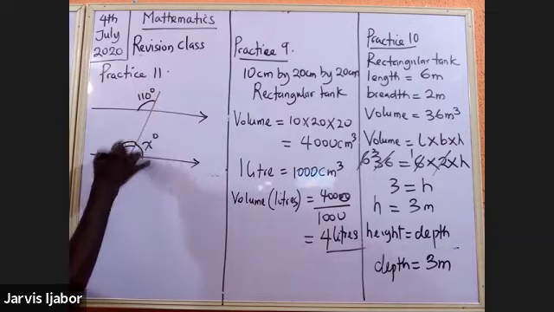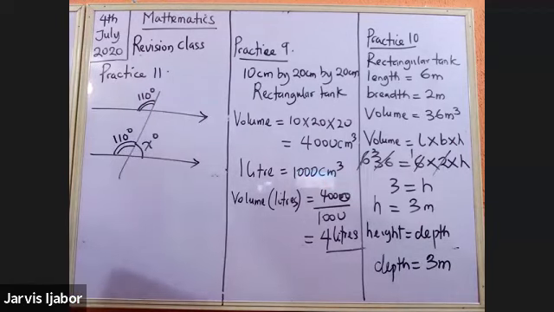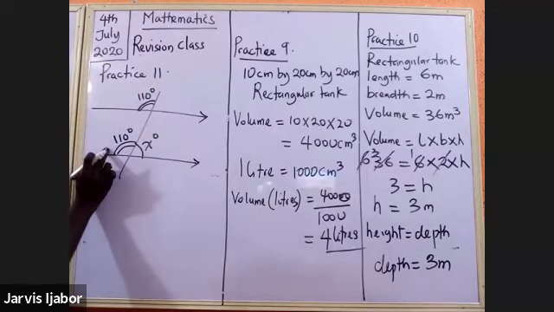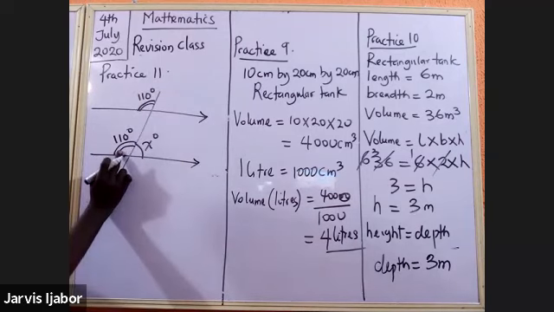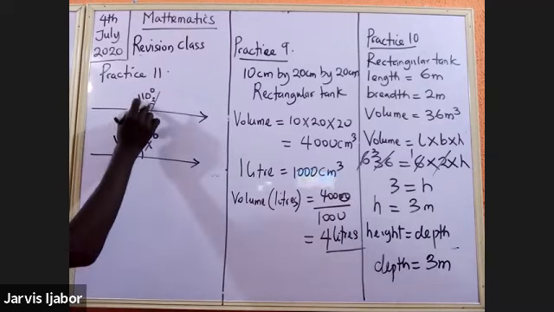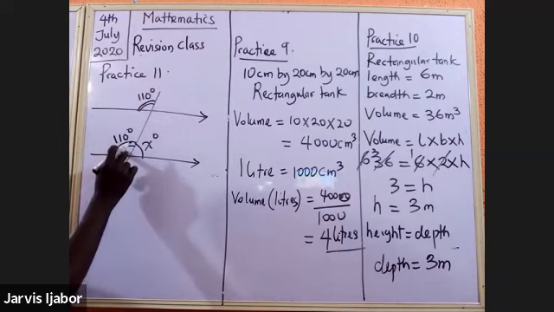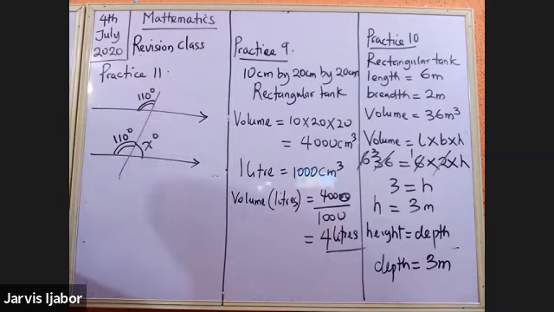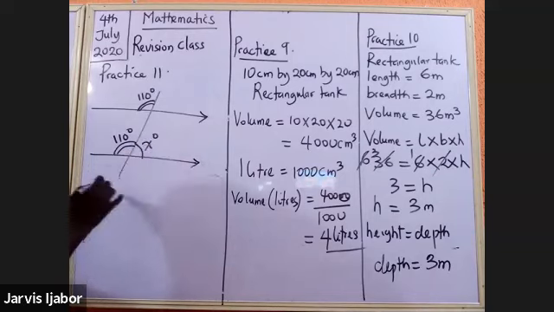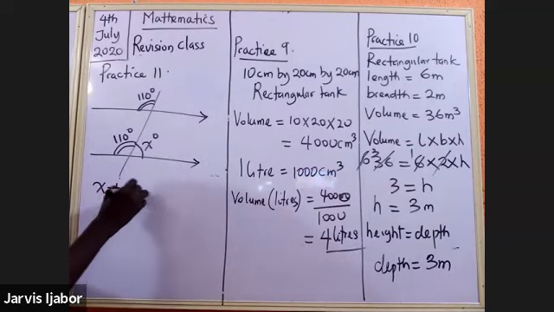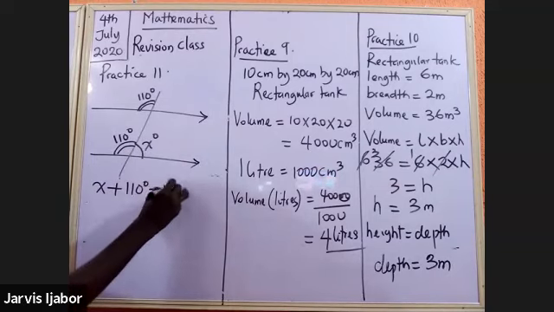this angle here will also be 110 degrees. Why? Because this angle is corresponding to this angle. So once we've gotten this to be 110, it means that x plus the 110 degrees is equal to 180 degrees.